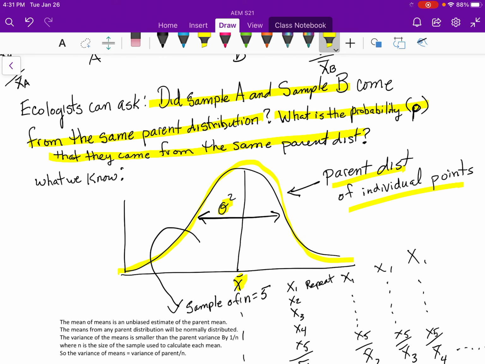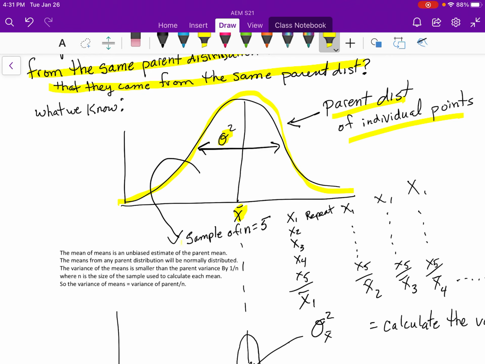What we're going to do is then take a sample from that parent distribution and look at the properties of some of these values. If we take a sample of n equals 5 things, now this is essentially a random sample from this distribution, all right? Of course, the mean, if we look at this group of numbers, x1 through x5, you can make a pretty good estimate that this first sample mean is going to be pretty close to the parent mean, right?